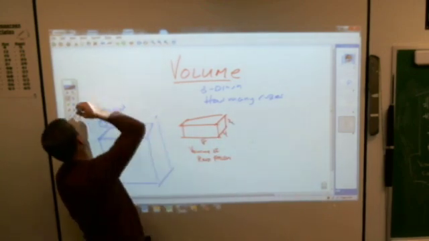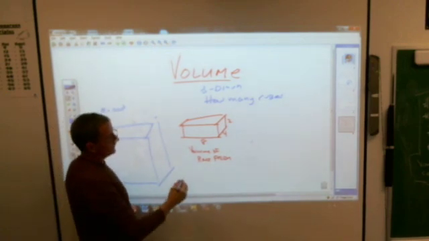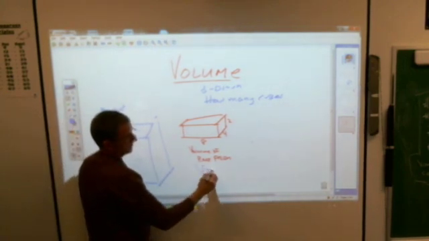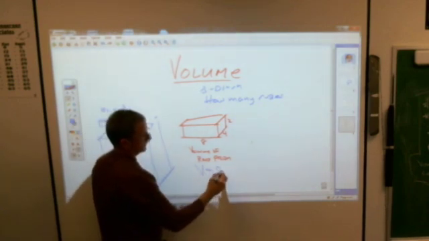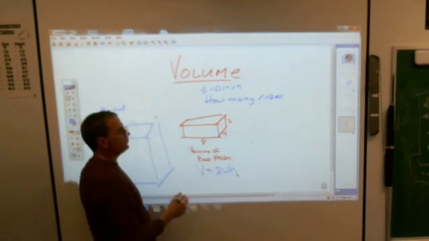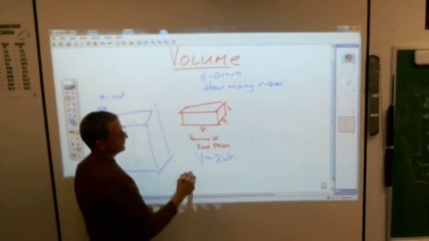The volume of a rectangular prism is, oh please, Aiden, tell me you know. Length times width. There you go. Length times width times height. So if you have a rectangular prism, life is good. That's the formula you can use.